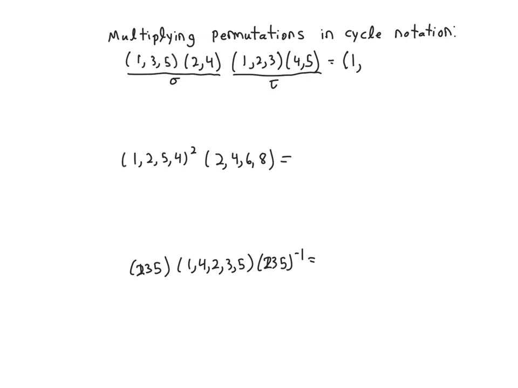So now remember function composition. We recall sigma composed with tau of i is sigma of tau of i. So I need to figure out what tau of i is. So what is tau of 1? It is 2. So I get sigma of 2. What is sigma of 2? It is 4. So I see my permutation sends 1 to 4.